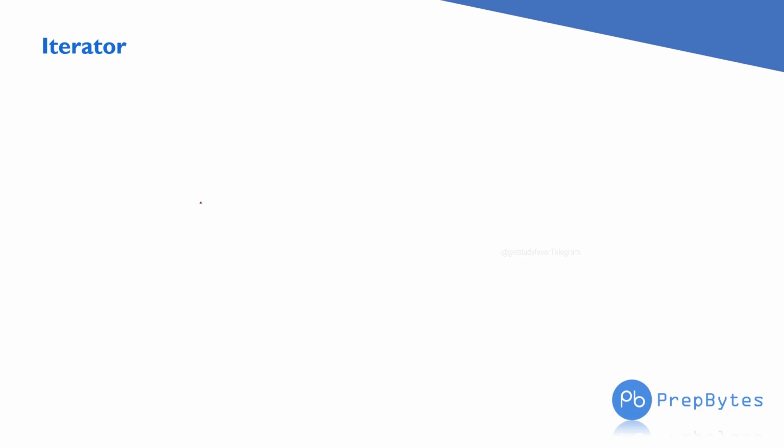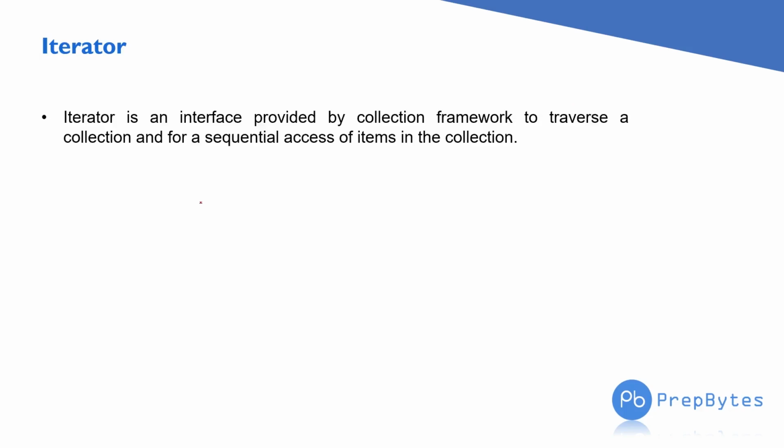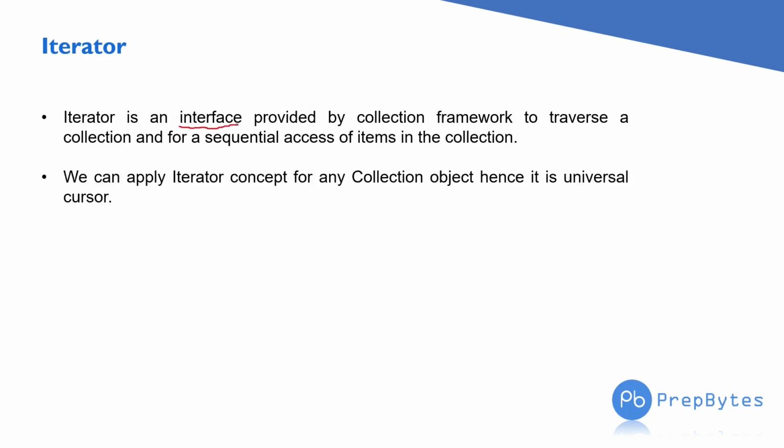Iterator is nothing but an interface provided by the collection framework to traverse a collection, for sequential access of items in the collection. We can apply the iterator concept to any collection object, so it is a universal cursor. We have seen three types of cursors.